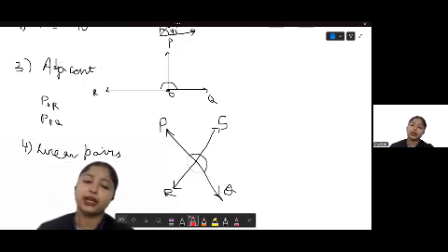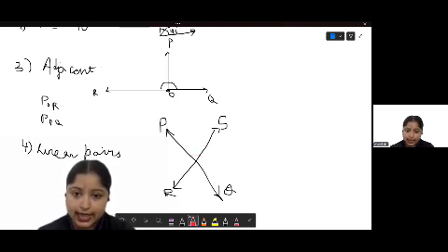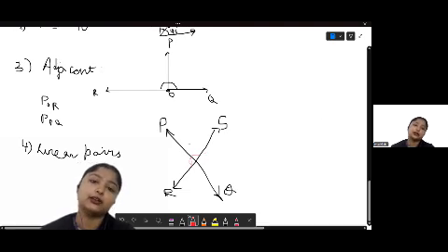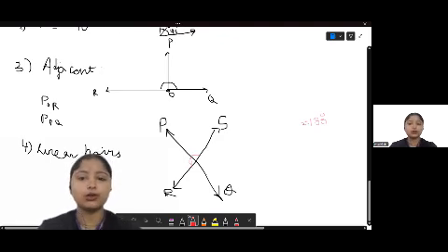But in a linear pair, angle PS and angle PR also make a straight line, right? That is going to be 180 as well. That is why it's a linear pair. A linear pair generally has a sum of 180 degrees, so it basically falls on a straight line.